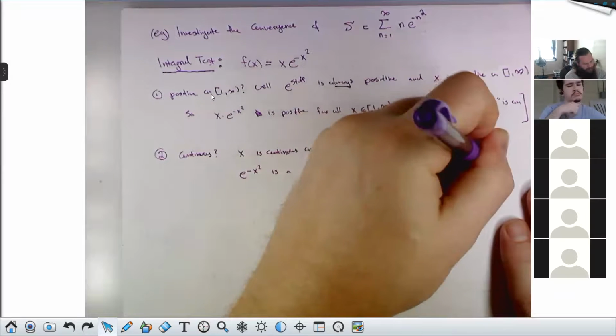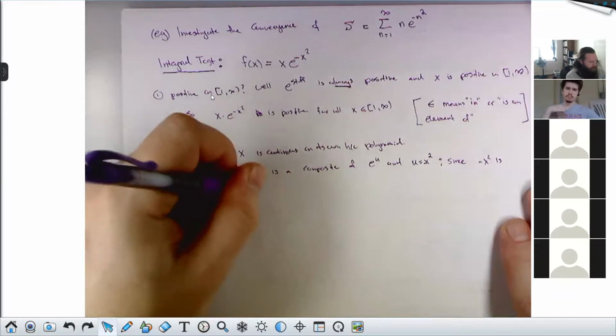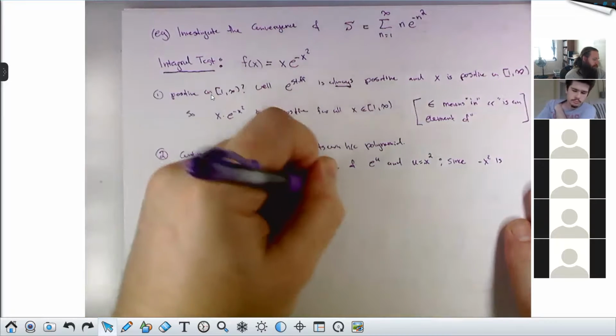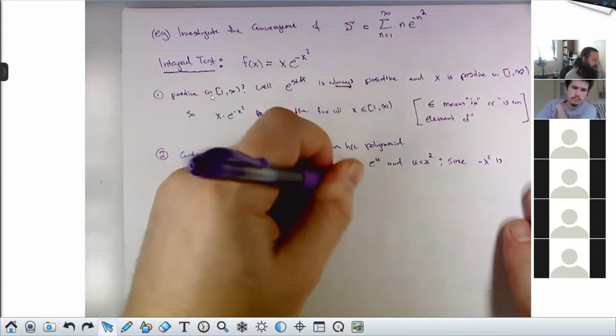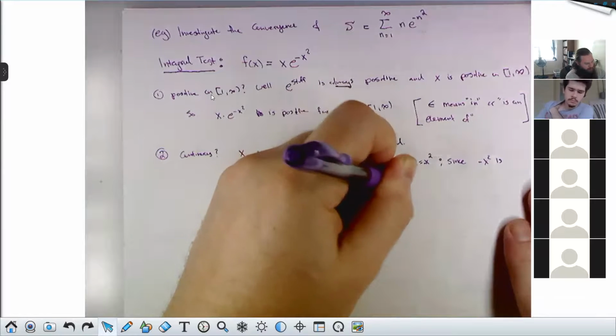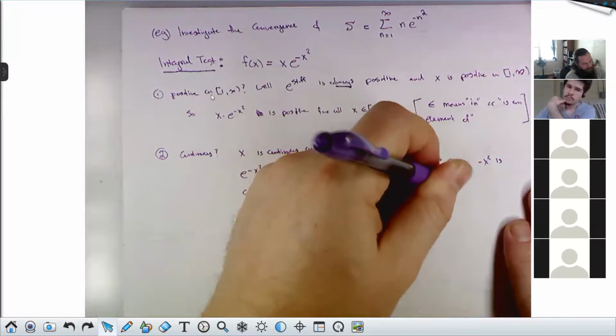Since negative x squared is continuous and e to the u is continuous, e to the negative x squared is continuous.